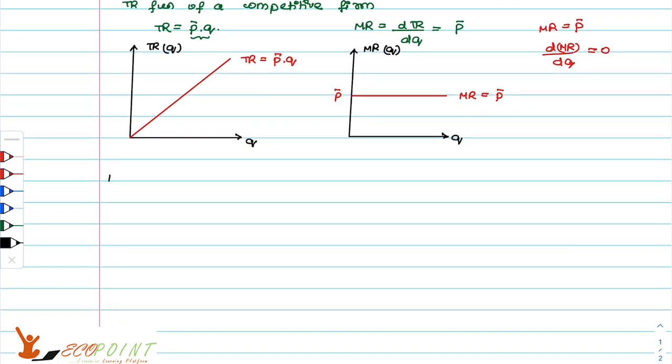Second rule. Rule 2. Derivative of a linear function. So you have f(x) equals mx plus b.